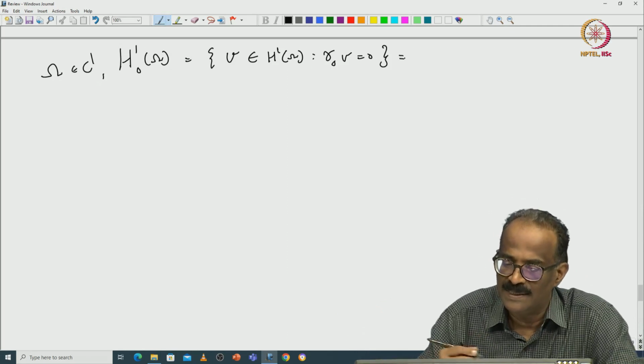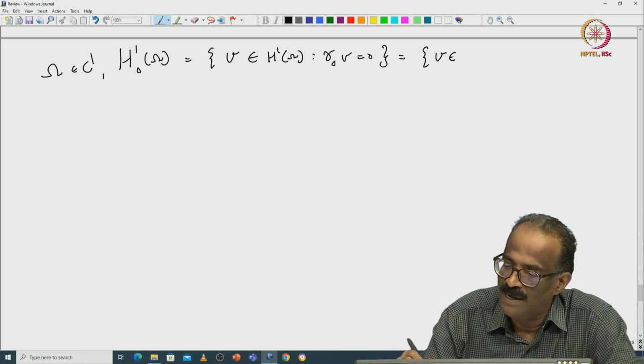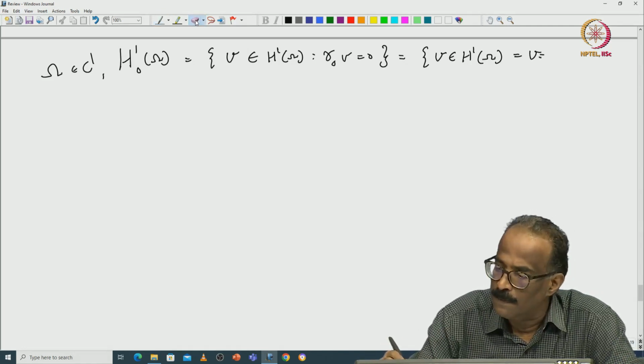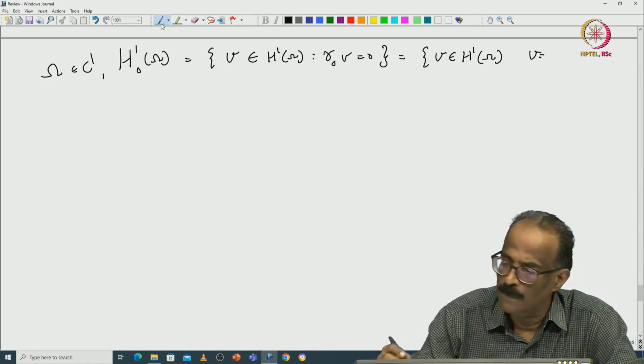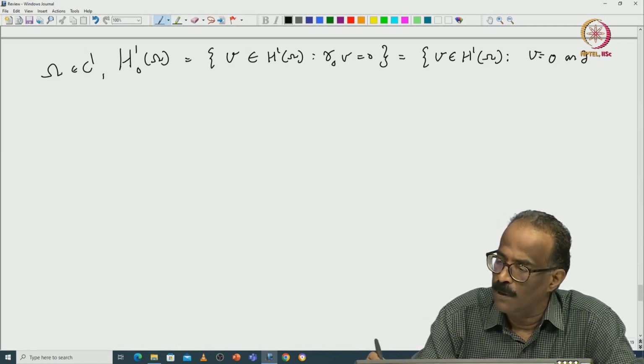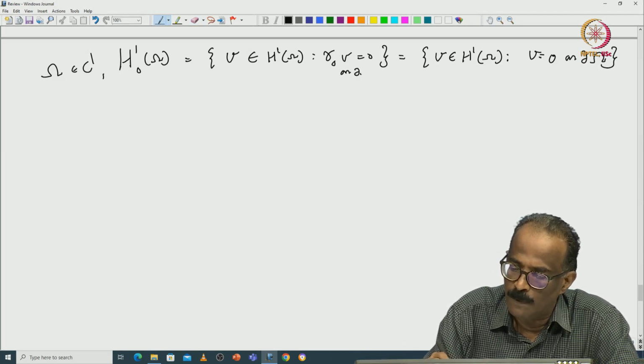In the main lectures we do not use the notation gamma naught. I am repeatedly telling this, but we write only in this sense: v equal to 0 on the boundary of omega, you see, on the boundary of omega.